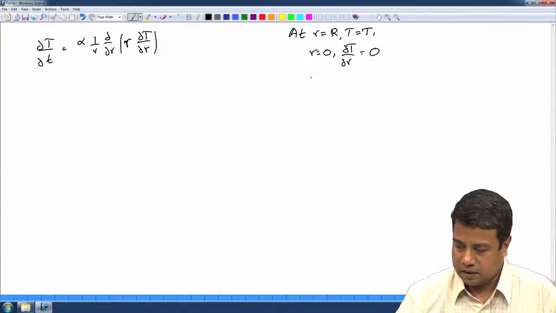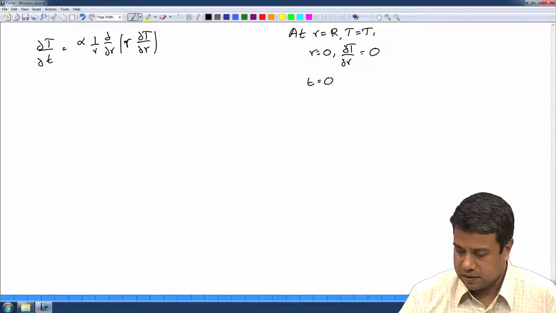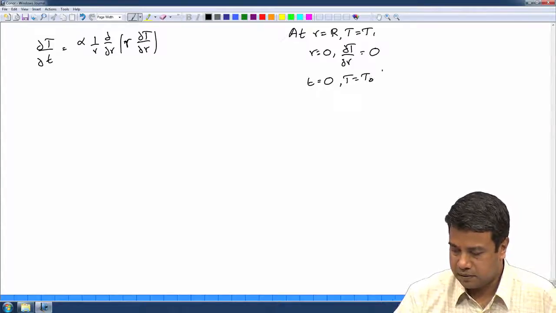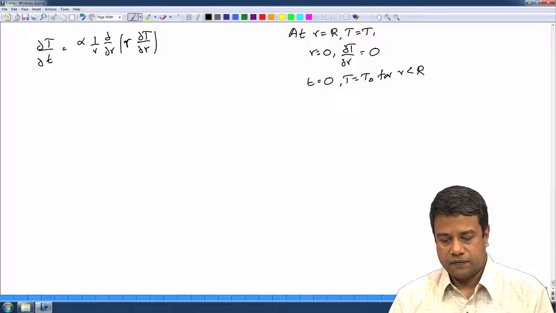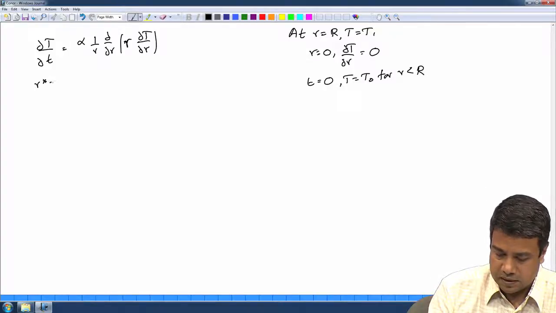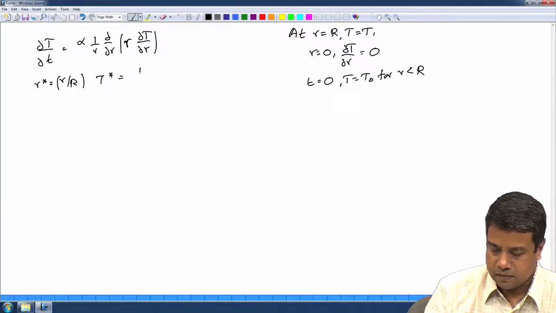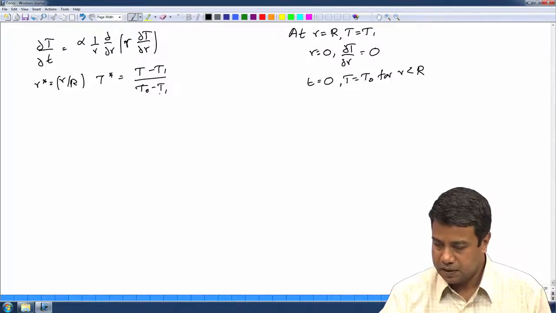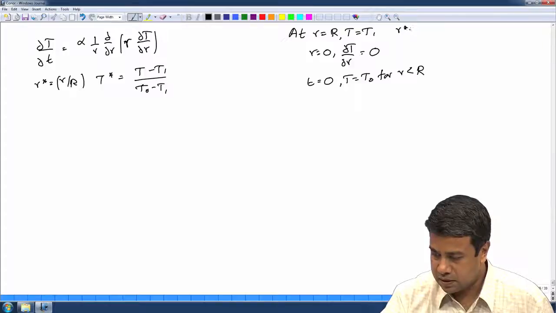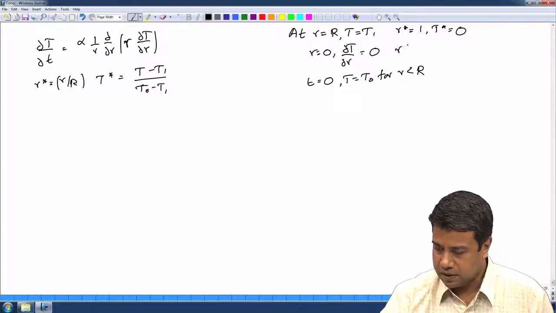And at t is equal to 0, T is equal to T naught for r less than R. We have defined the scaled variables r star is equal to r by R and a scaled time t star. So, this became, at r star is equal to 1, T star is equal to 0; at r star is equal to 0, partial T star by partial r star is equal to 0.